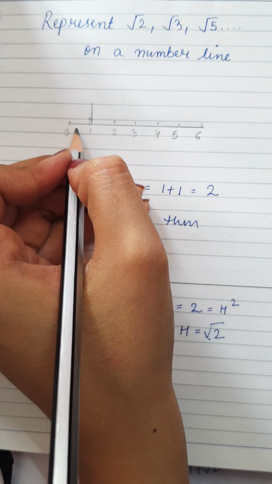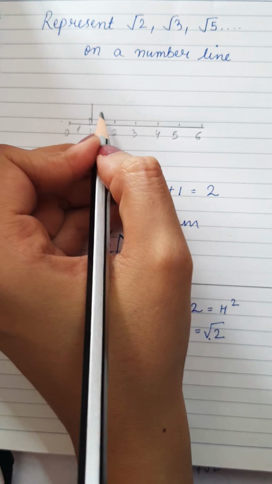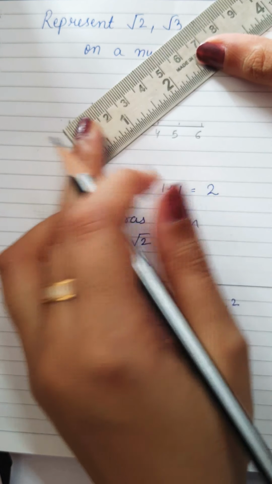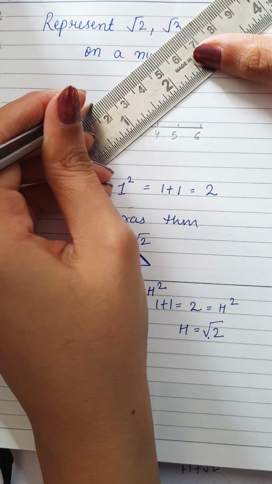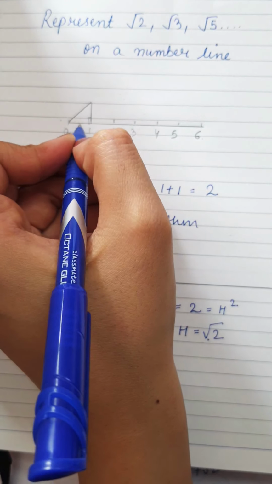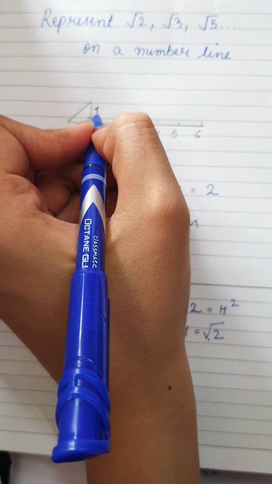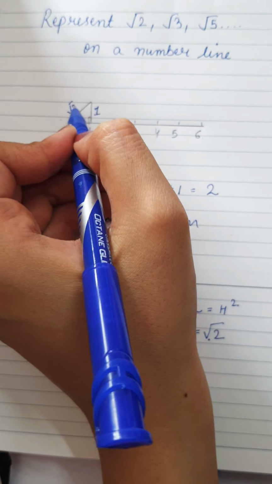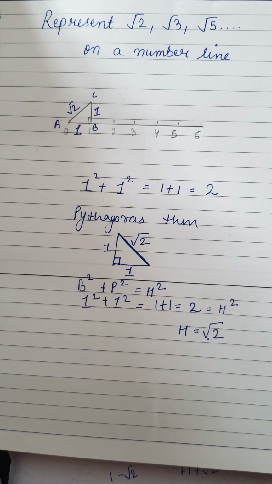Now since this is 1 centimeter, this is also 1 centimeter. So when I will join both of them, this distance is definitely going to be root 2. This is 1. This is also 1. So this distance will be under root 2.